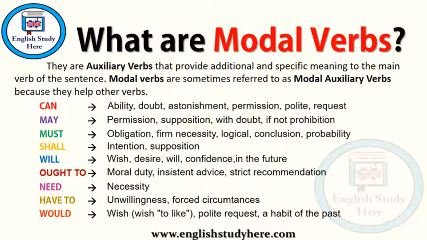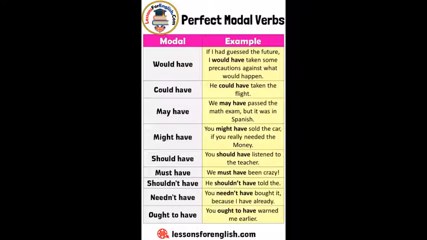And when all these circumstances are supposed to be indicated with the past flavor, there is the past of can, that we call could. Beyond all these past indications like ability, doubt, astonishment, permission and polite request, the significant aspect of could is that it is used for extreme polite request.